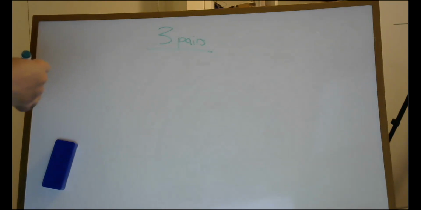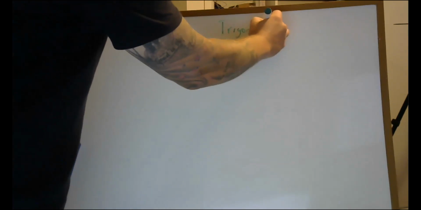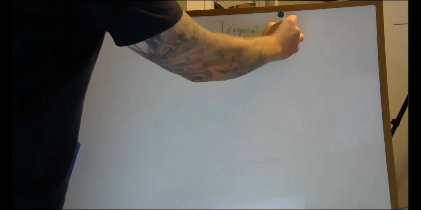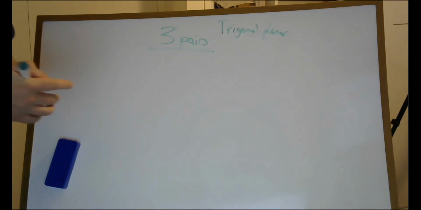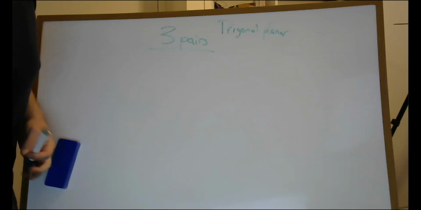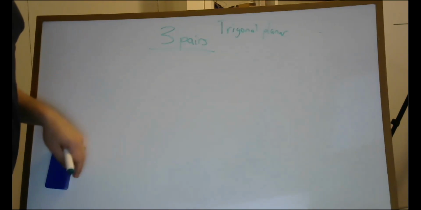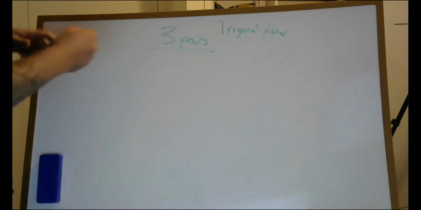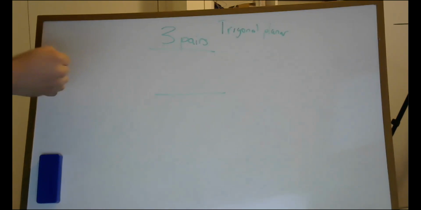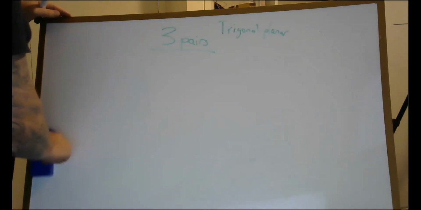Trigonal planar, or 3 pairs, looks like the shape you can see on slide 9. It means that around the central atom there are 3 pairs of electrons, so it's obviously not going to be a straight line. And this is where we start getting into the weird shapes.